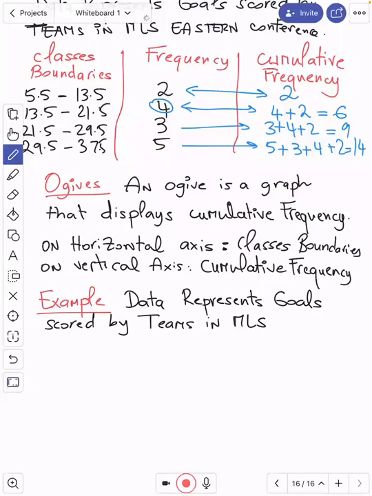I'm just gonna write them down again right here. The class boundaries, and here, the cumulative frequency.